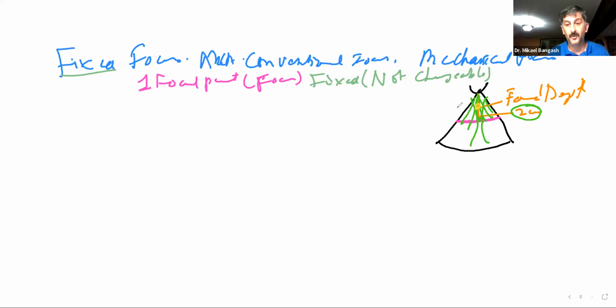So we will not be able to focus here or at this depth, because it was constructed in a way so that the beam would get to its narrowest point at this fixed depth, which was, let's say, 2 centimeters, just as an example. Did that make sense?